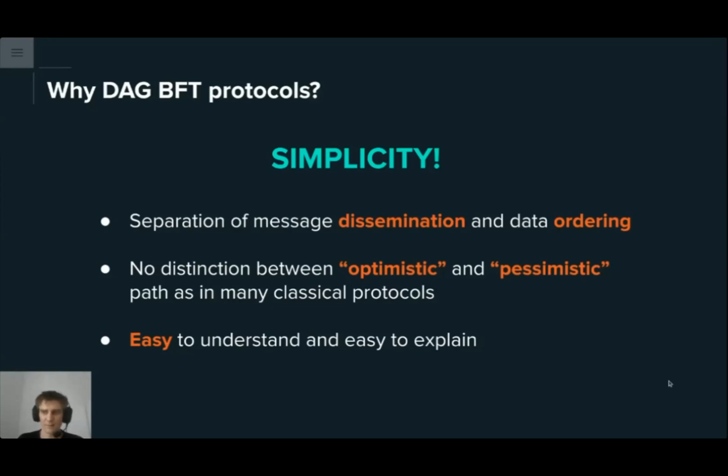So in many protocols that come from PBFT, these two aspects are kind of mixed and lead to complications in the protocol. There is also no such thing as a view change, which is a common thing for PBFT and many other protocols, which makes the protocol kind of simple in the optimistic case, but then there is this pessimistic case which makes it terribly complicated. So for most DAG-based protocols, there is just one mode of operation, and it's simple.